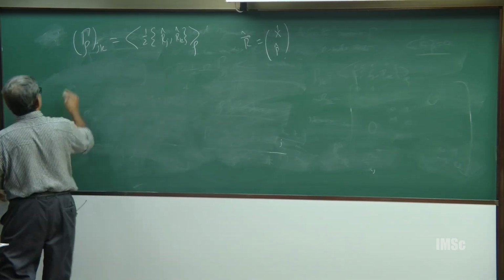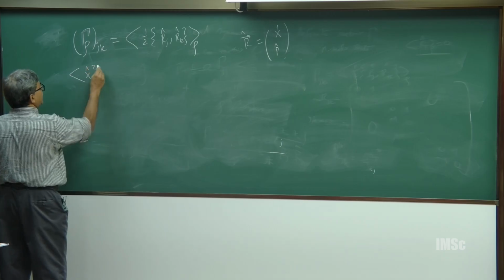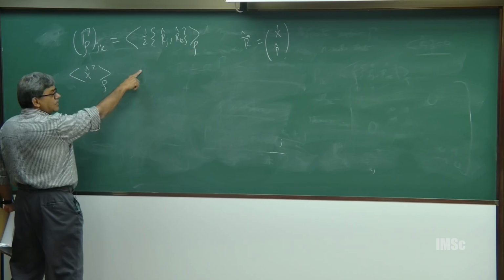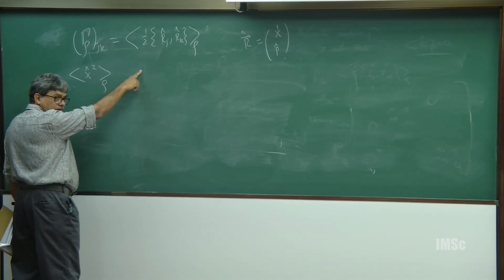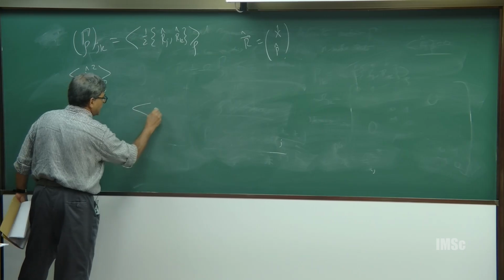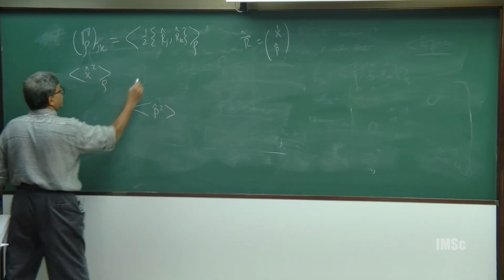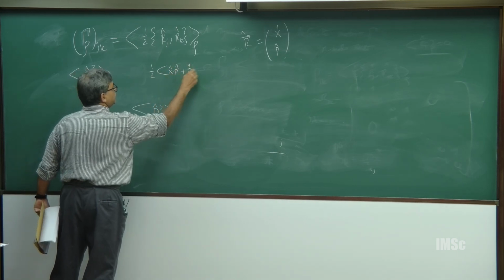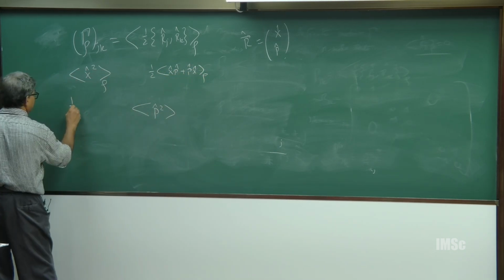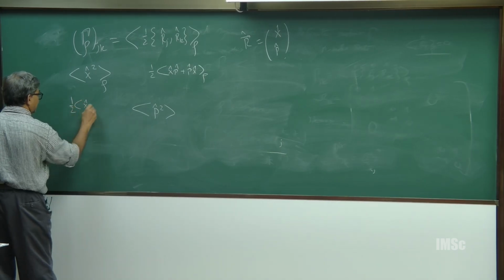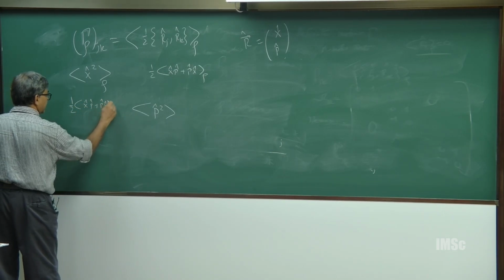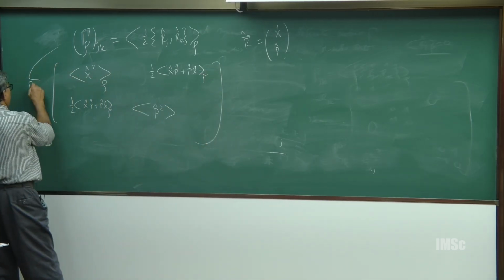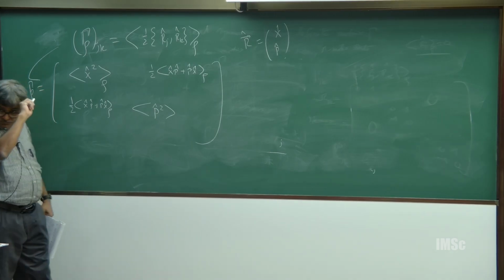What I want is x square with respect to rho, because the average value is 0, then p square, and then half of (x p plus p x). So this is the matrix, this is my gamma rho.